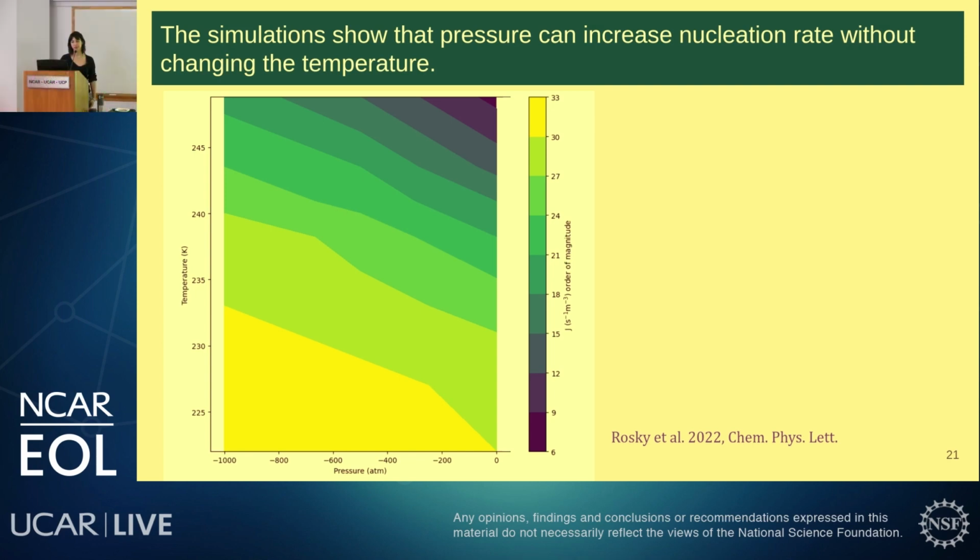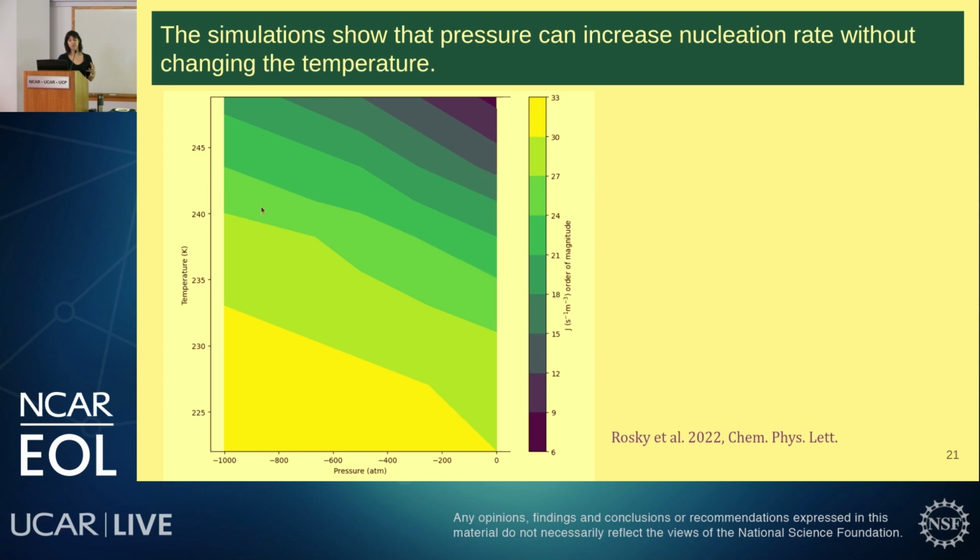So the temperatures are so ridiculously cold because we're dealing with such a small sample size in the simulations. But if I were to speculate, here are the contours of constant nucleation rate in pressure and temperature coordinates. And as we go towards warmer temperatures, they're compressing.